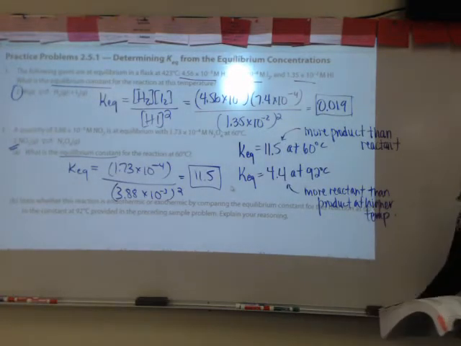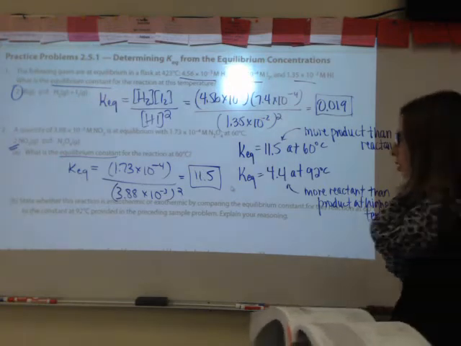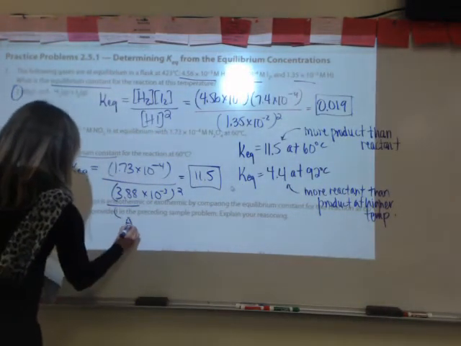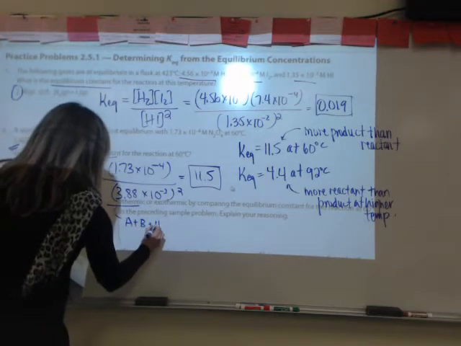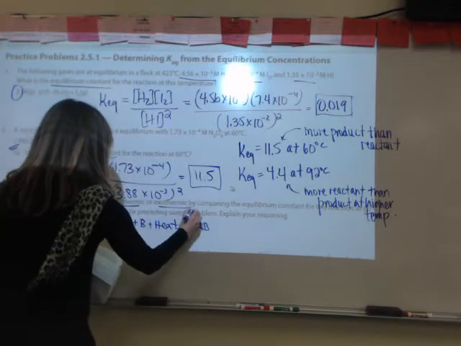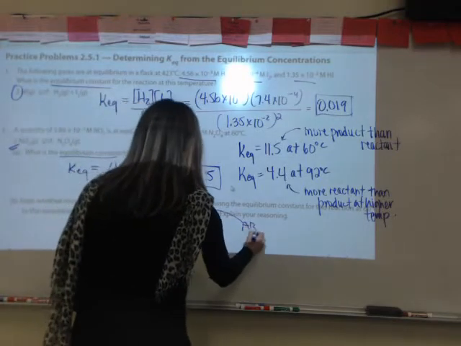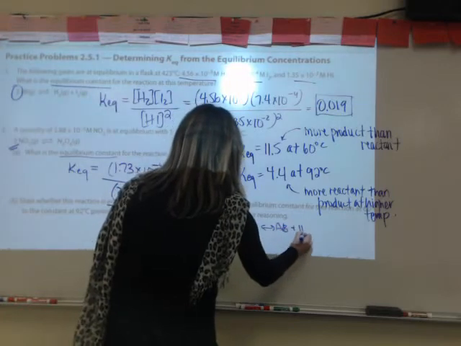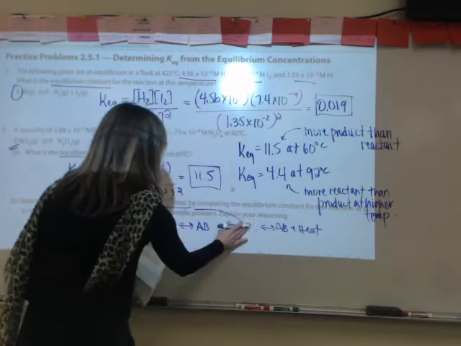Now, there are two different types of reactions. There's endothermic and exothermic reactions. And if you have an endothermic reaction, that means you have heat as a reactant. And if it's exothermic, you have heat as a product.